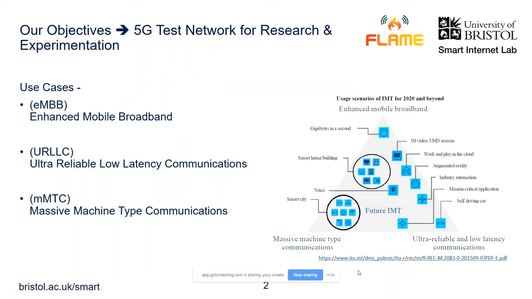So the University of Bristol HPN lab is a research lab, and the objectives and use cases that we run here for various projects are in the region of enhanced mobile broadband, ultra reliable low latency communications, as well as massive machine type communications.